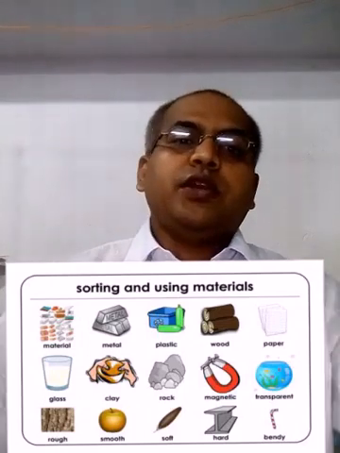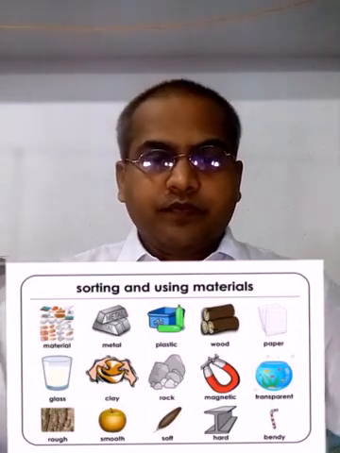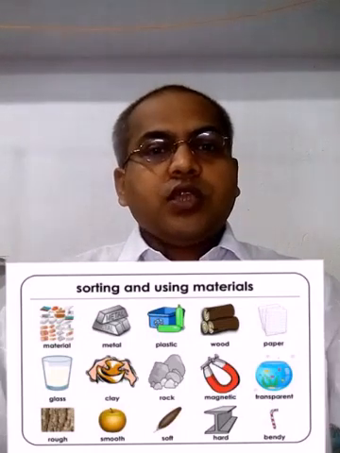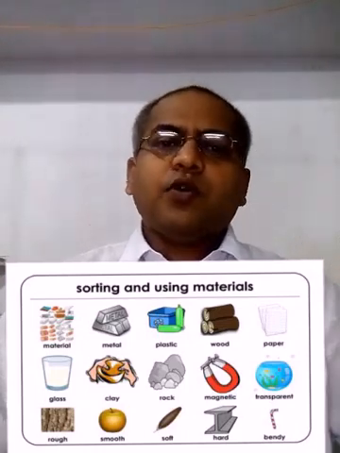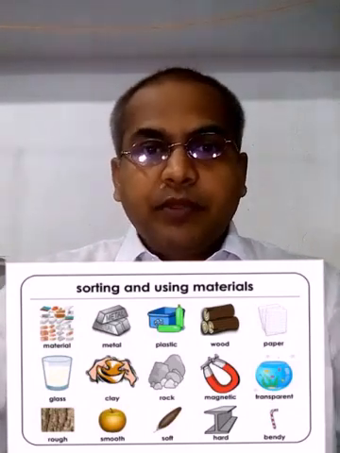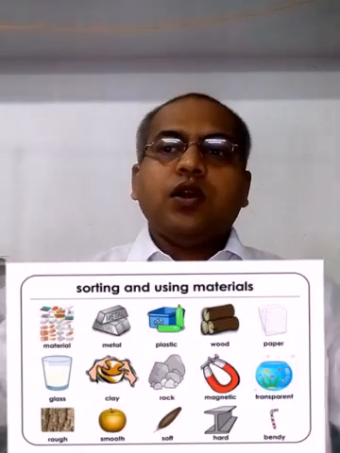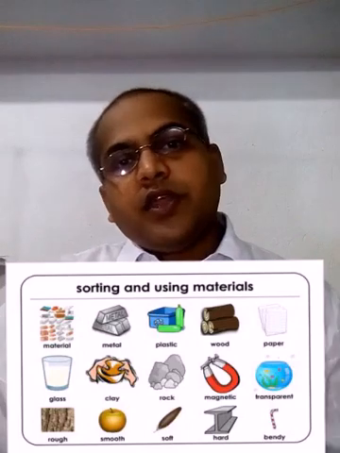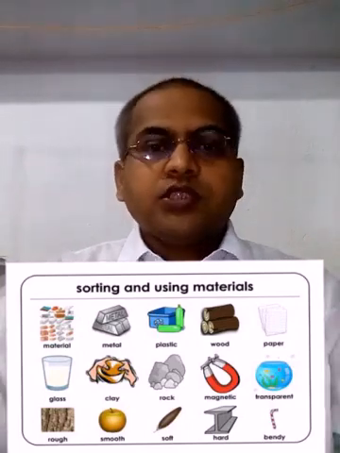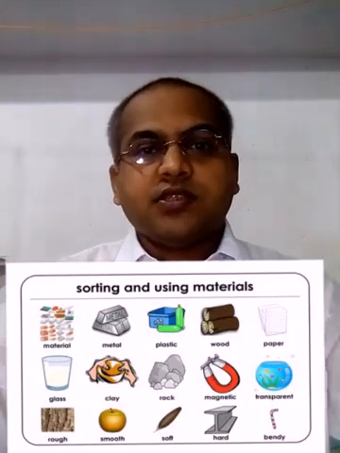So today in this video lecture we will discuss the properties of different materials. The materials we normally use in our daily life have some common properties. Today we'll discuss appearance. Appearance means how a material shows if we observe it from outside. Suppose you observe a plastic, it has a different type of appearance.